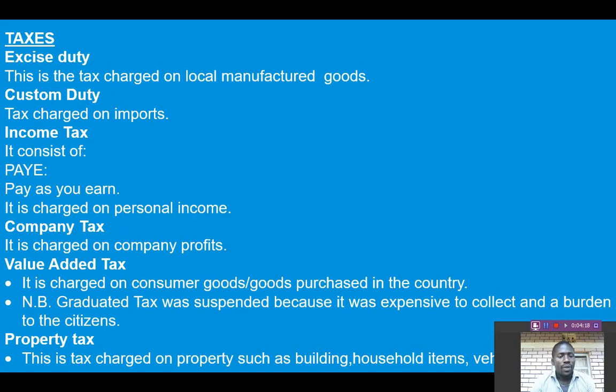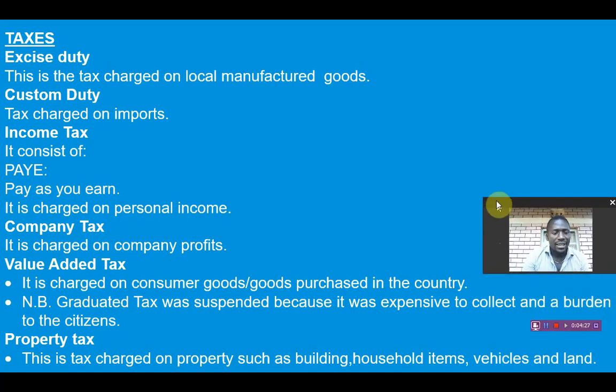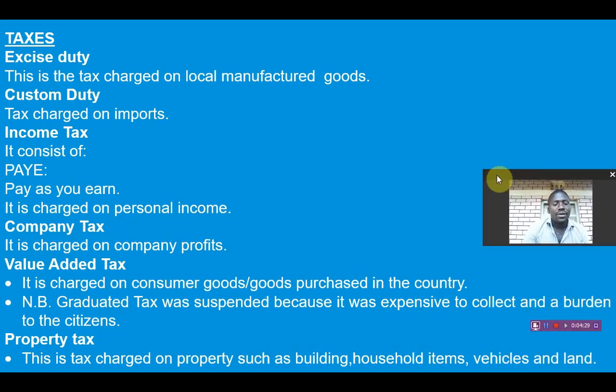Then we also have another tax called VAT, or value added tax, and it is charged on consumer goods purchased in a country. When goods are purchased, they are supposed to pay that kind of tax, which is called value added tax, in short VAT.